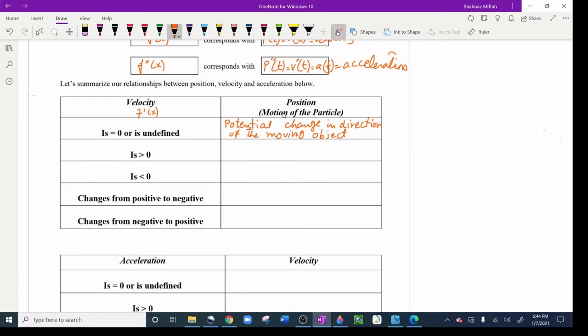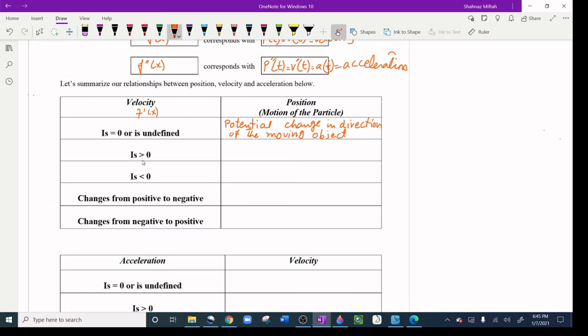That's the motion of the particle we are talking about. So velocity deals with the first derivative, instantaneous velocity is also the first derivative, and it also gives us a direction.